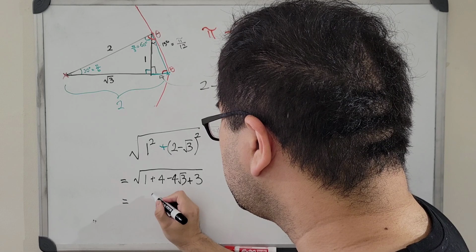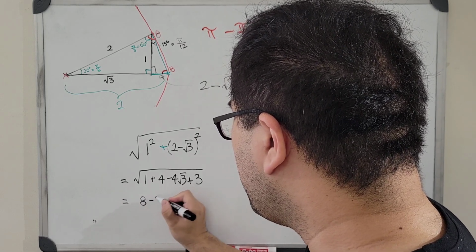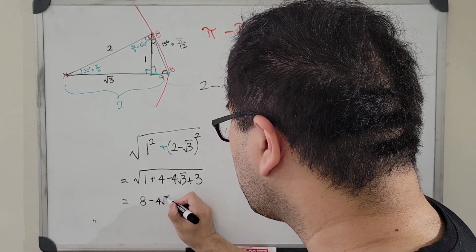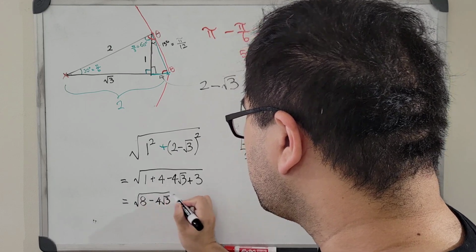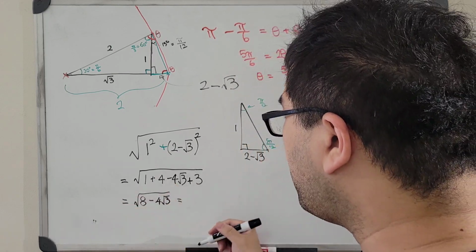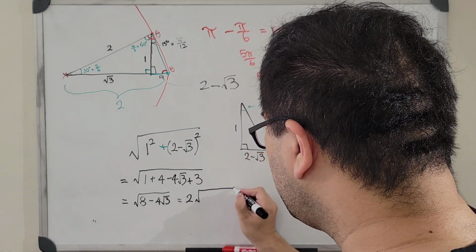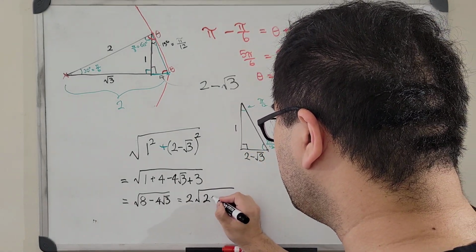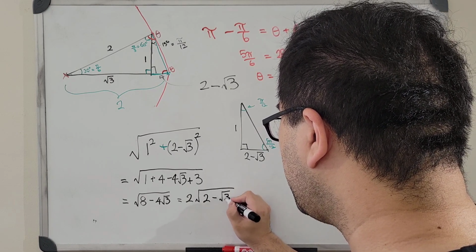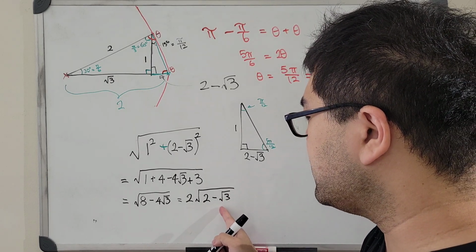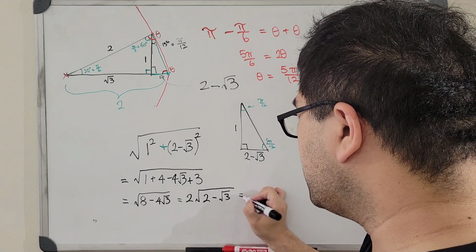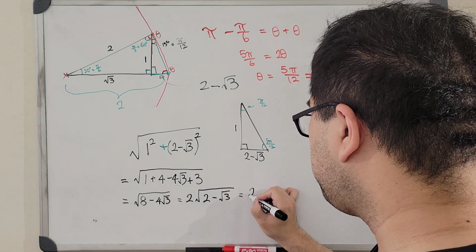And this gives us 8 minus 4 radical 3 under the radical. And if we take out the 4, we just get 2 times the square root of 2 minus radical 3. And again, we can actually try to simplify this further.